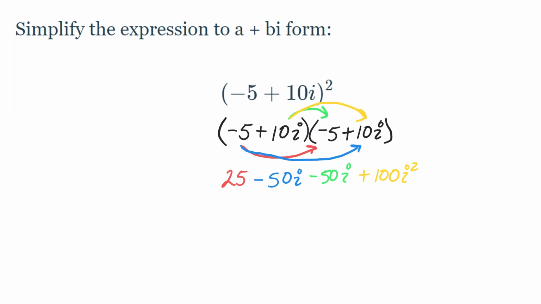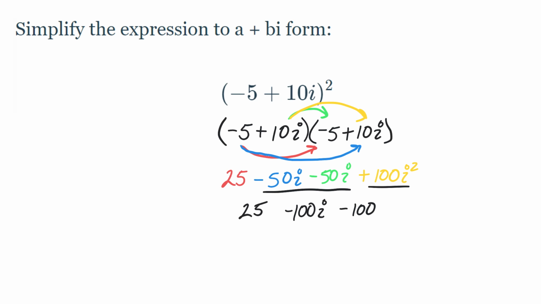So I'm going to do two things at once on this. I'm going to first combine my like terms. This is negative 100i. And when I see the i squared touch a number, it's going to change it to its opposite. So this 100 is now a negative 100.